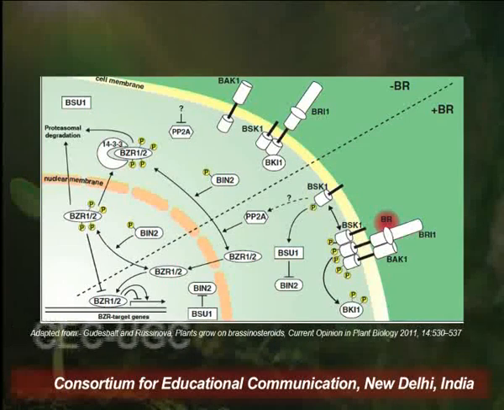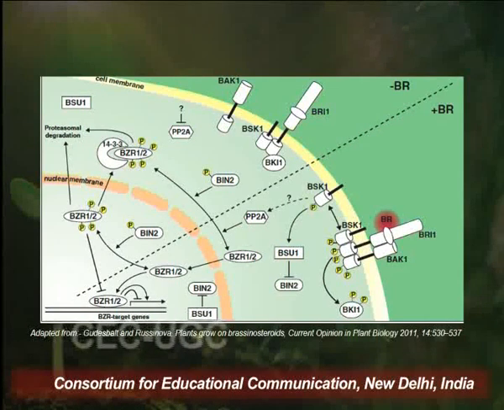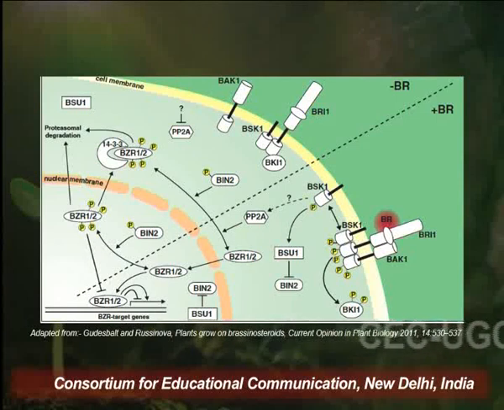And I told you that BSU1 proteins are important because these are the proteins which inhibit the action of BIN2. As you can see, BIN2 is responsible for the phosphorylation of BZR1 and 2, which are the nuclear factors which enter into the nucleus to exhibit brassinosteroid mediated action. Once BIN2 proteins are inhibited, BZR1 and BZR2 are free to enter the nucleus.